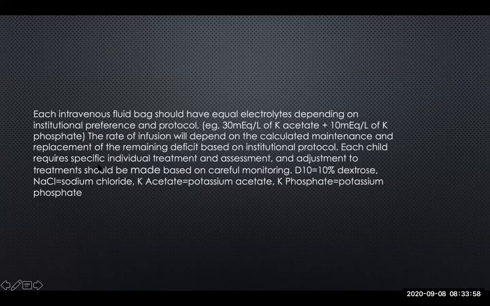In the article, they said they add 30 milliequivalents of potassium acetate to each bag and 10 milliequivalents of potassium phosphate. In our hospital, they just add 20 milliequivalents of potassium acetate and 20 milliequivalents of potassium phosphate, unless the labs or the scenario of the patient is different or change the level of phosphate or acetate.